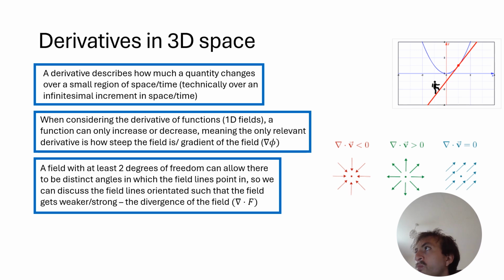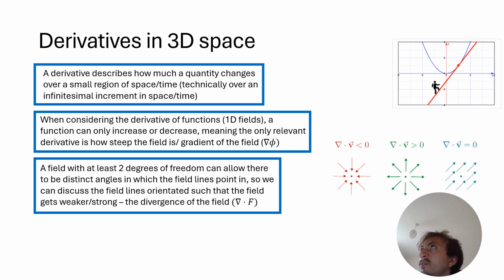So at each point in space, we can place an arrow, where the length of the arrow corresponds to the strength of the field, and the direction the arrow points in tells us the direction of the field. These arrows are called field lines, because they show us the direction of the field, and they also tell us about the strength of the field.